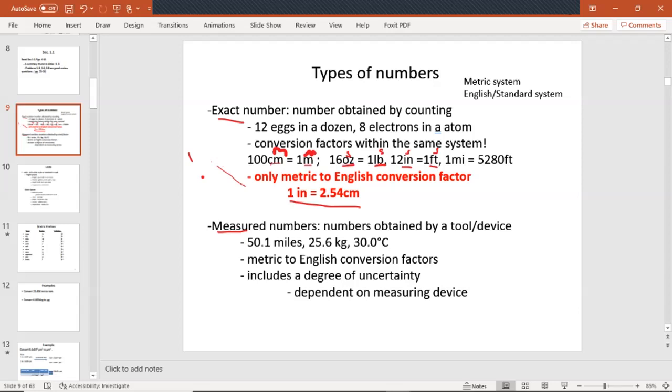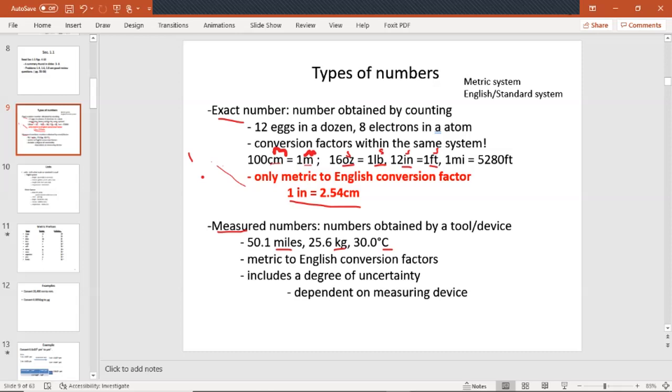Now, measured numbers are numbers that we obtain from using a measuring device. So this device could be a ruler, it could be a scale, it could be a clock, so measuring time, etc. And so things like miles, kilograms, degrees Celsius, these are measured quantities, which means we don't know exactly what the measurement is.